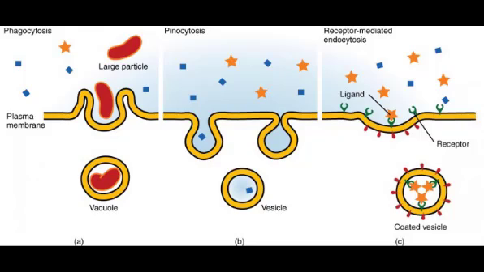Another type is phagocytosis, or cell eating. Phagocytosis is the endocytosis of large particles. Many immune cells engage in phagocytosis of invading pathogens, like little Pac-Man, if you still know the game from before.